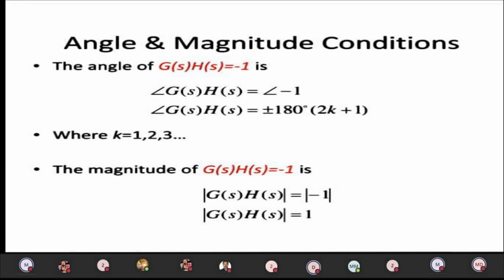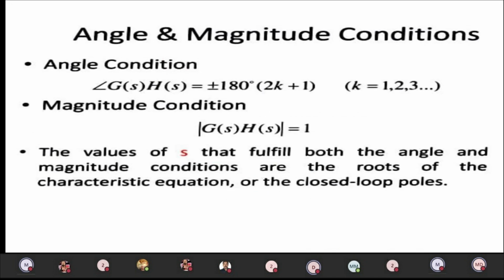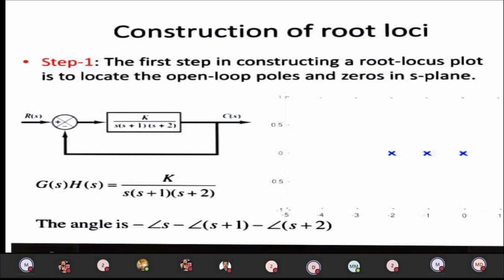So the magnitude criterion is always the magnitude of G(s)H(s) equal to 1, and the angle criterion is the angle of G(s)H(s) equal to plus or minus 180 into (2q plus 1).